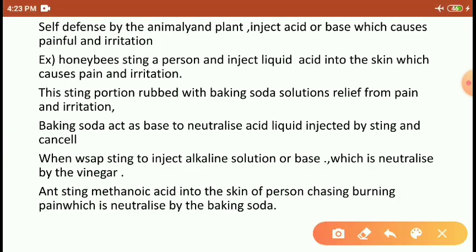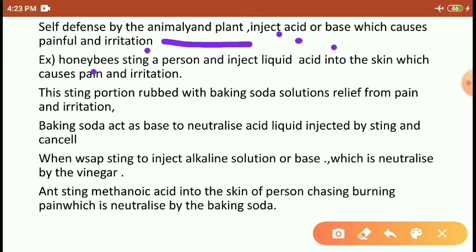One more thing: some insects, for self-defense, release their own acid while biting. Some insects and plants inject acid or base and cause painful irritation.